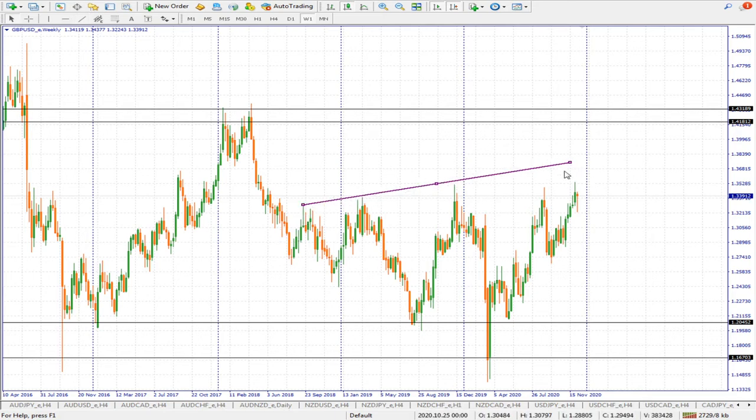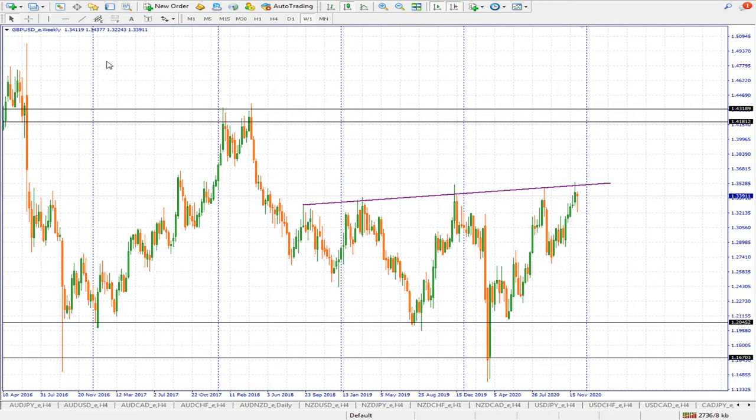So we have a resistance level at this price, and at this price, and at this price, and at this price here.